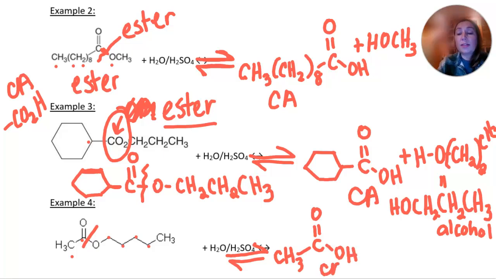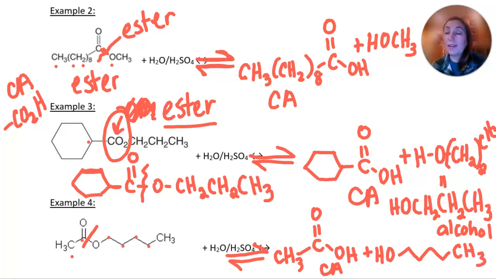That's our carboxylic acid product, plus our alcohol, HO, and then CH2, CH2, CH2, CH2, and finally CH3. It's really important that the other parts of the carbon chain remain unchanged. All we're doing is breaking that ester linkage, and copying the parts that are going to make the carboxylic acid and the alcohol.